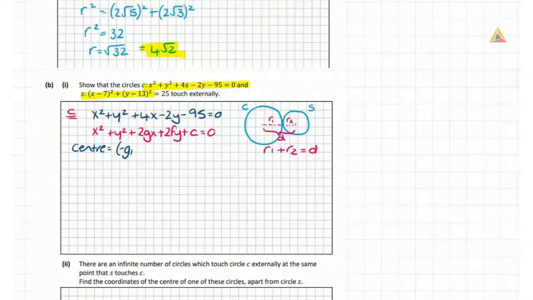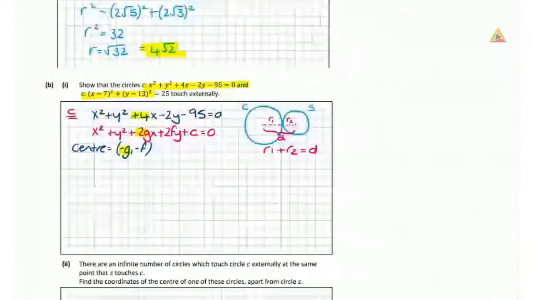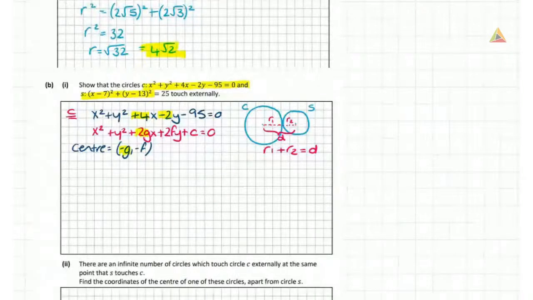So a nice quick way of figuring out the centre when it's given in this form: we take the coefficient of x, and we change the sign, because remember that's going to be 2g, so half it will give me g, and change the sign will give me minus g. We do the same with the y, so we take the coefficient of y, that's the number in front of the y, and we change the sign. So that should give me a centre of minus 2, 1 for that first circle C.